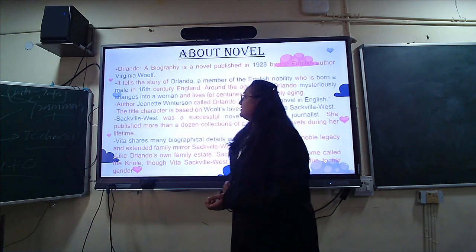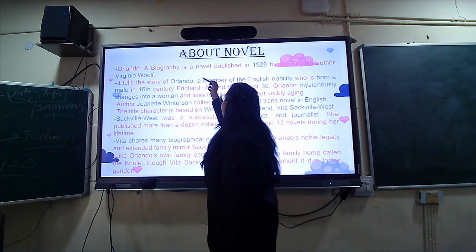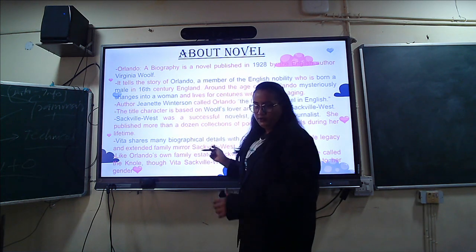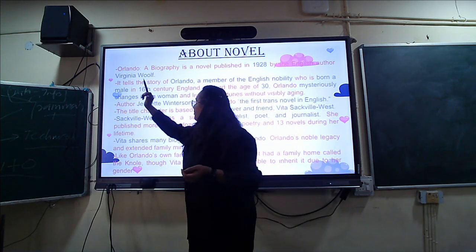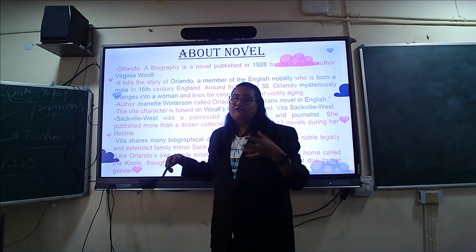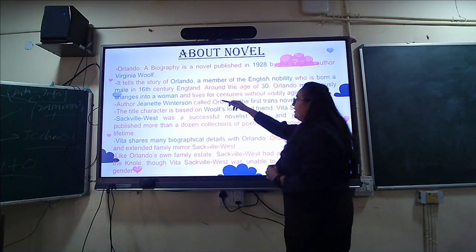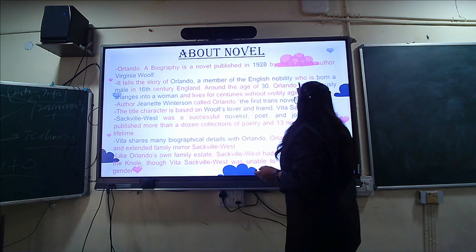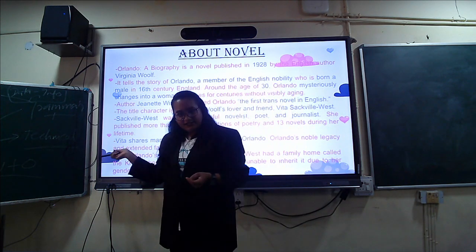This next slide is about the novel. Orlando, a Biography is a novel published in 1928 by the English author Virginia Woolf. It tells the story of Orlando, the protagonist, a member of the English nobility who is born as a male in 16th century England.